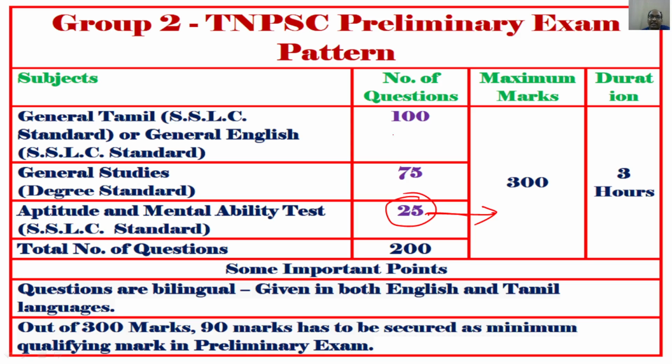And from this 100 marks, general English or general Tamil, certainly people will be getting more than 70, 80. So the qualifying marks itself will come from these two, 125 qualifying marks, certainly it will be coming. The remaining extra from this 75 will be got.